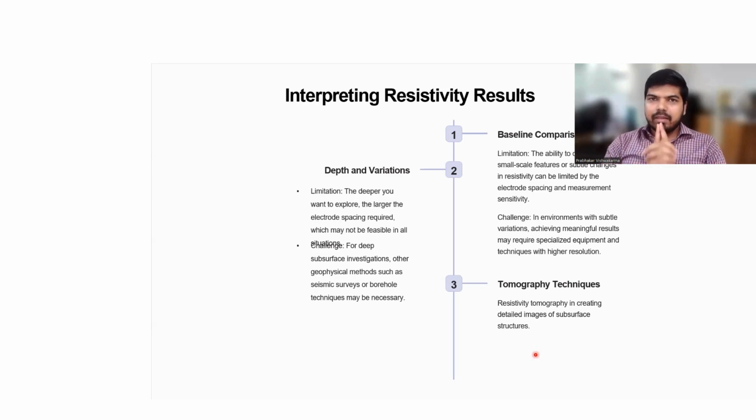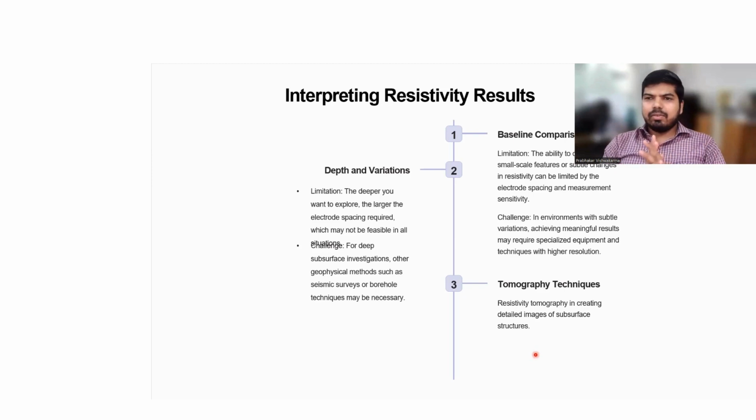This is a very major concern while using the electrical resistivity test for any purpose. So you should make sure of the calibration of the spacing and how much variation occurs when we vary the spacing of the electrodes.